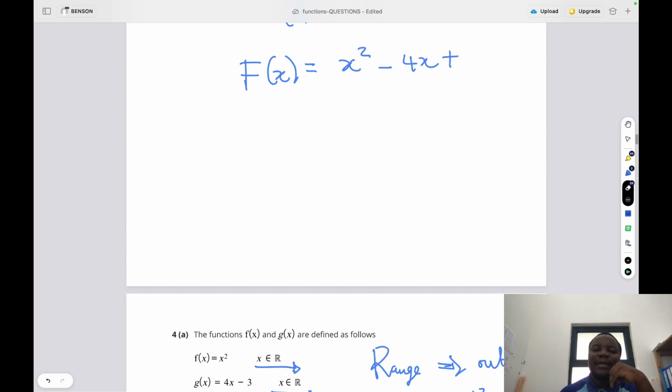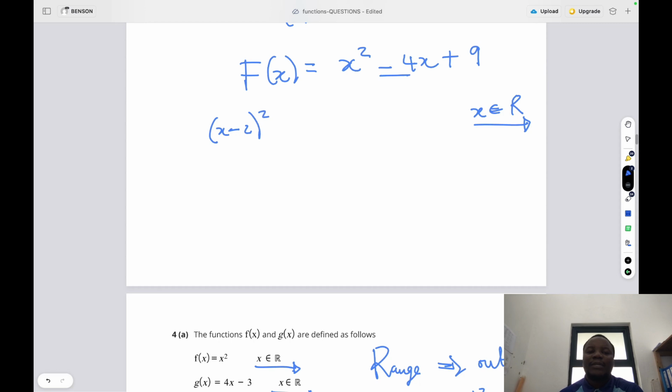If I'm to find the range of this function here, where the domain is a member of real numbers, here means they are not restricting my domain that much. I just do completing the square of this function, which is x. Then I find half of this to give me half of negative 4 gives me negative 2, everything squared. Now I've done a negative 2 squared, but I must subtract it from my general equation like that.